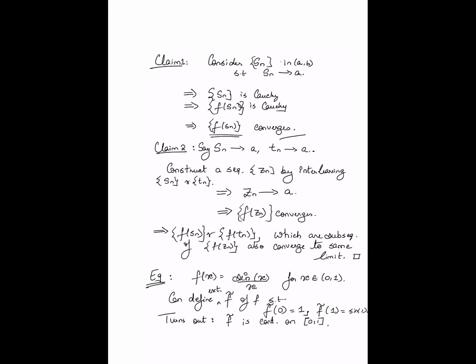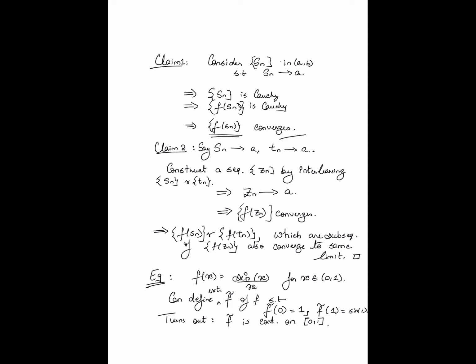It's actually the continuity of this extension at 0 which requires argument. This is something that we will talk about later, namely that the limit as x tends to 0 of sine x by x is in fact equal to 1. So this is the part where I need you to believe me that such an extension is possible, that f tilde, when defined as 1 at the left endpoint and sine 1 at the right endpoint, is in fact continuous on the closed interval [0, 1].